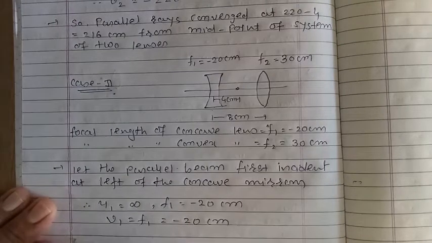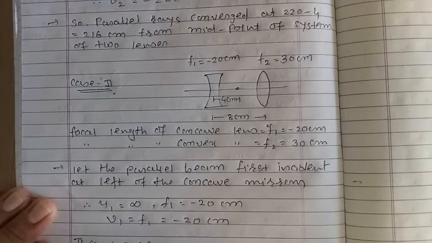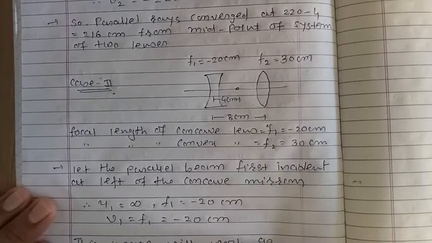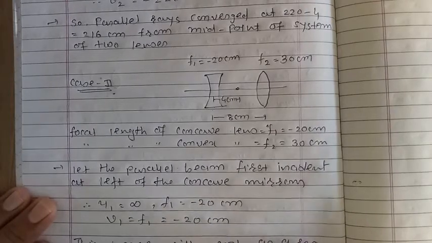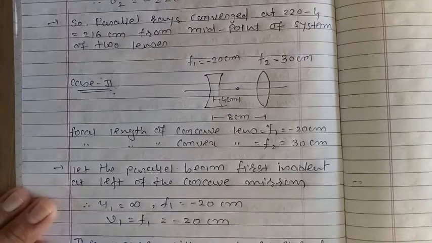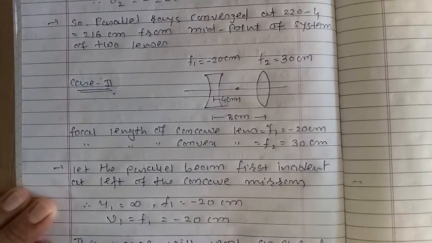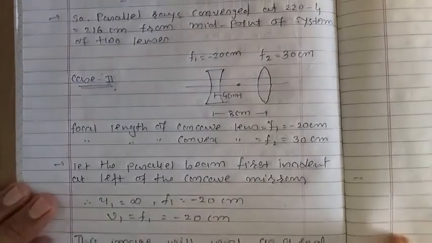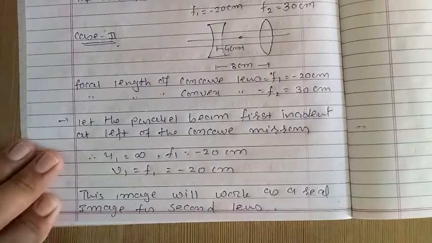So we can say that this image will work as a real object for the second lens. Here I say real because the sign is negative.